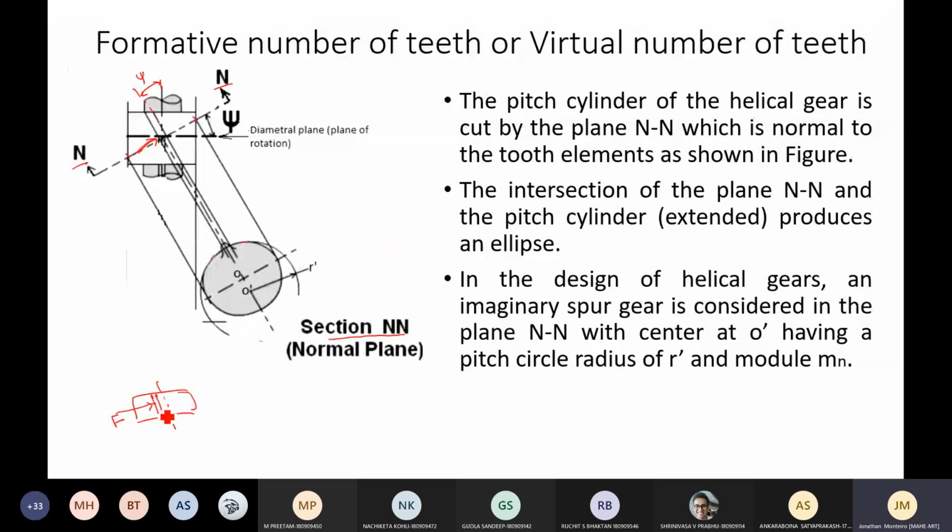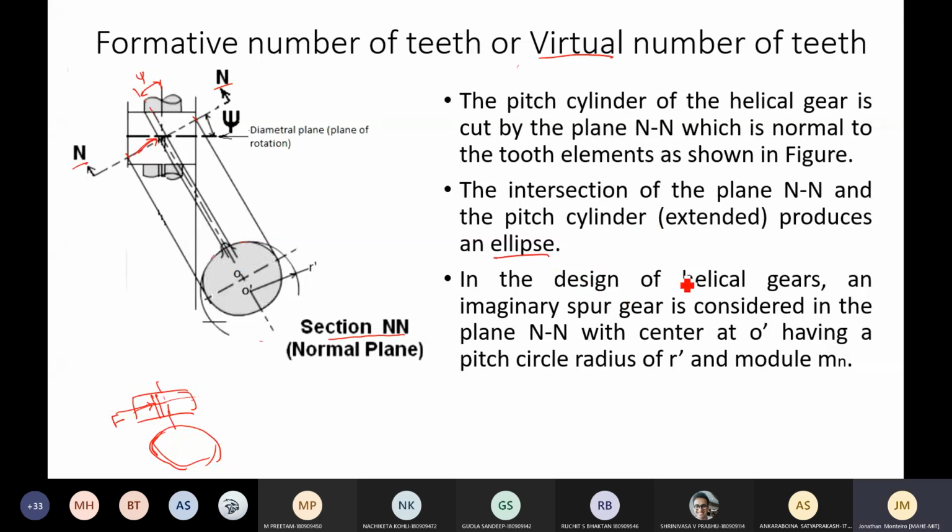For a spur gear, even if you cut through the section, it is the same as the diameter; you would always get a perfect circle. Whereas in the case of a helical gear, you are going to get an ellipse. That is why you have to project this outer circle, or virtual imaginary circle, in such a way that, let us go through the definition.